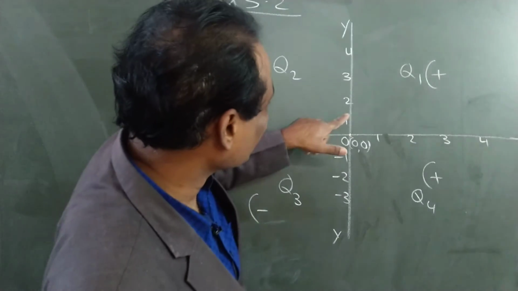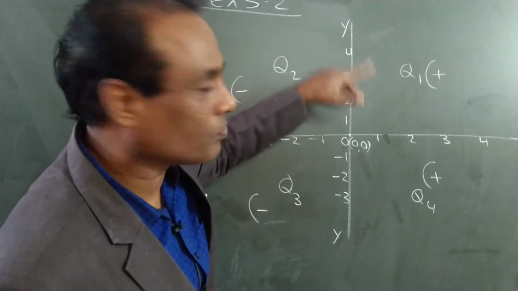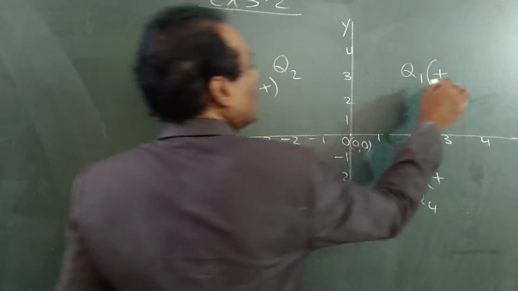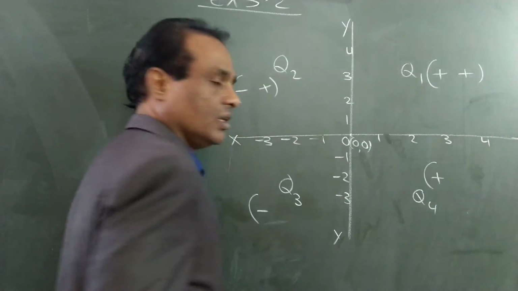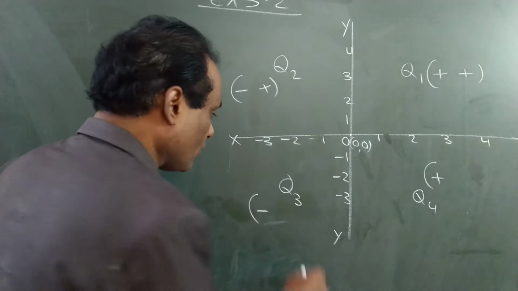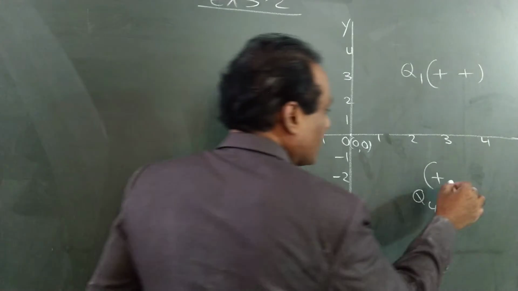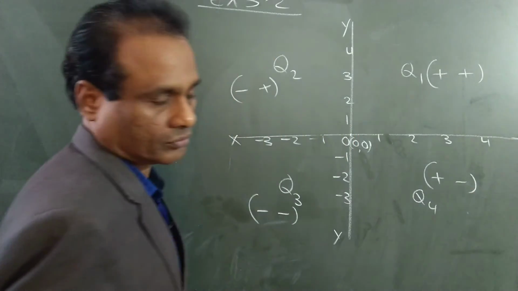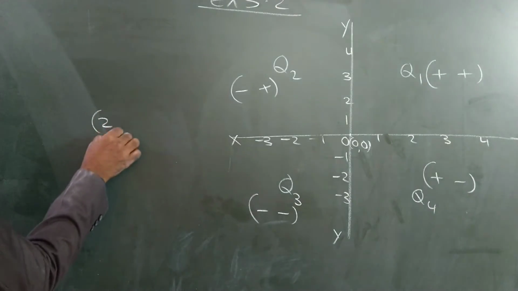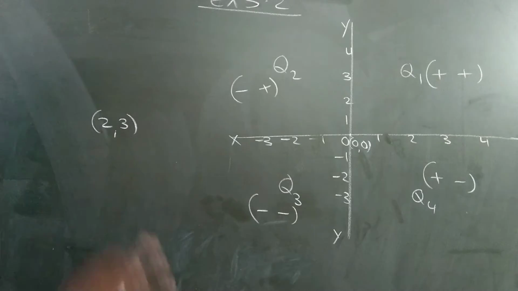Above the x-axis, y values are positive. Below the x-axis, y values are negative. Suppose I ask, (2, 3) lies in which quadrant?